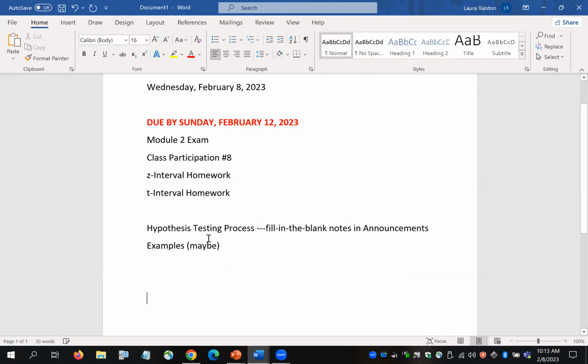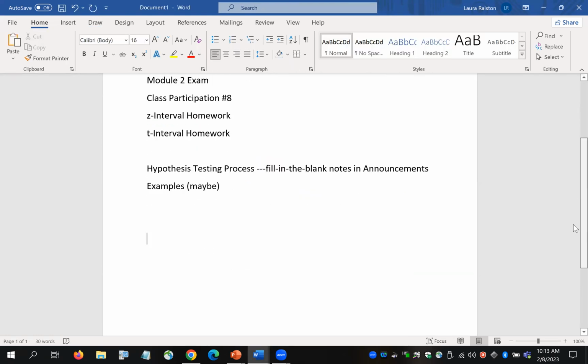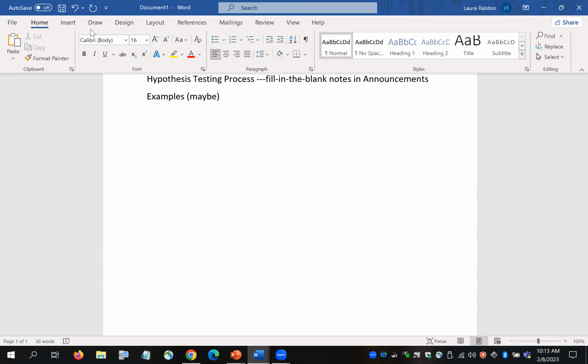Remember on Monday, we talked about confidence intervals. And the confidence level that we talked about in relationship to confidence intervals is the probability of a success, the probability that it happens, okay? Or think about it as the probability of being correct.